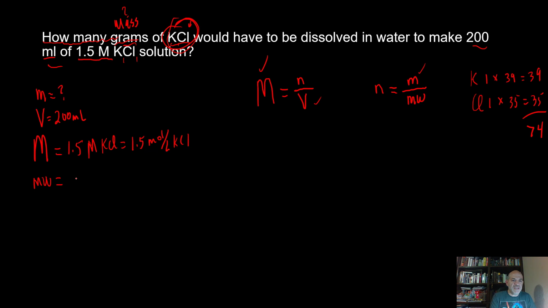So this is going to be 74, and we want to use, instead of atomic mass units, grams per mole, because it's really the molecular weight, but in grams per mole. Okay, so now I have this information here, and I'm going to need to do this in probably 2 steps.